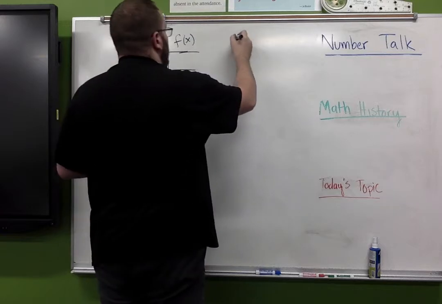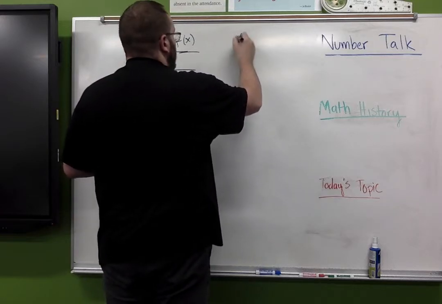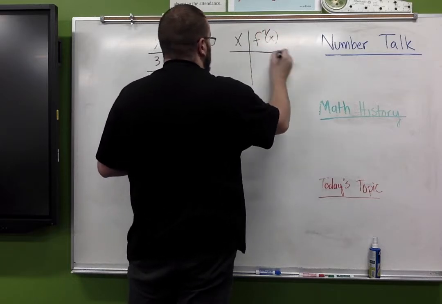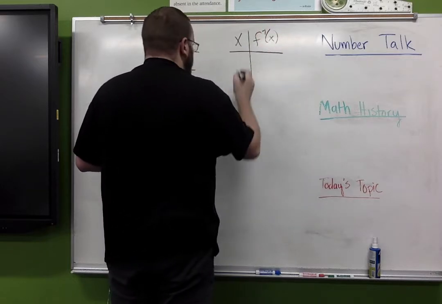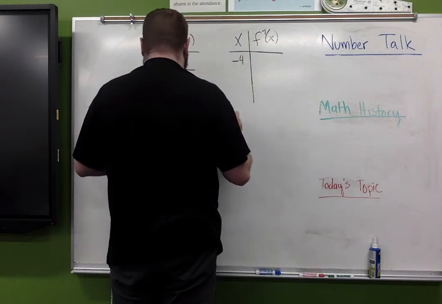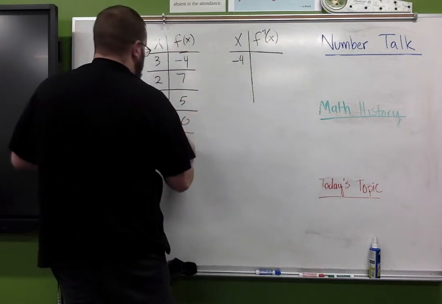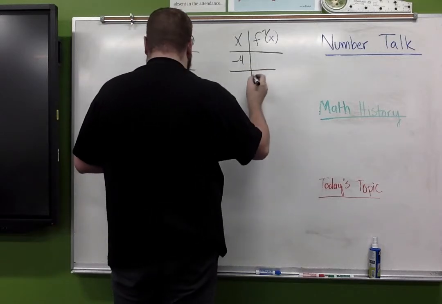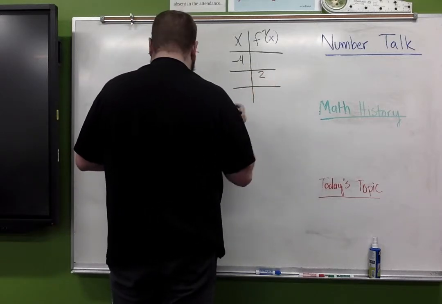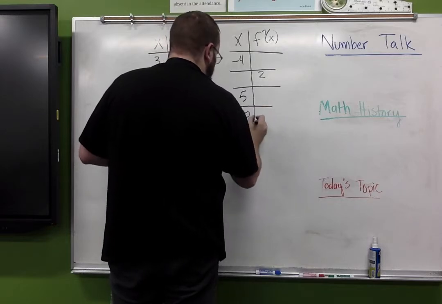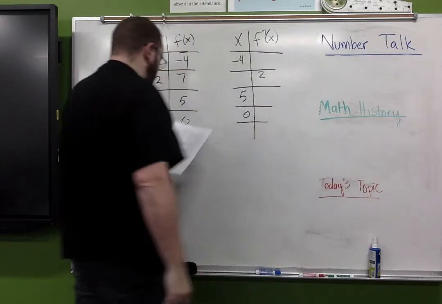And then over here I have x, f inverse of x. This is negative 4, negative 4, 7, 5, 0, 3, negative 4, 2, 5, 0, and blank.